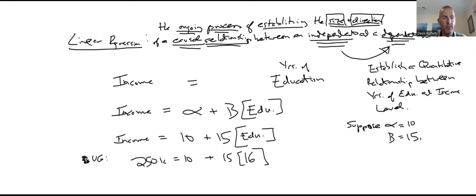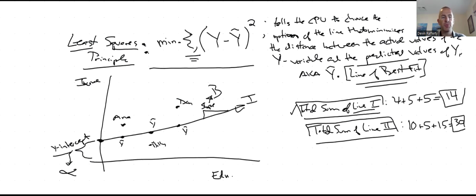Where did I get that from? Well, I got it from right here. Let's just pretend that the slope of this line is 15, and let's pretend that the y-intercept is 10.